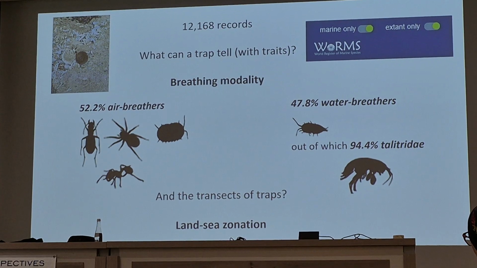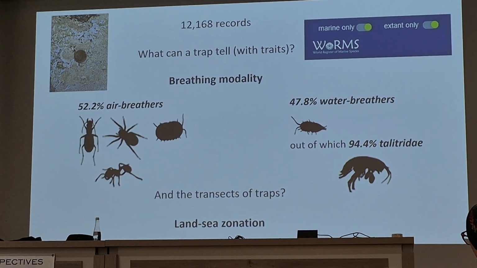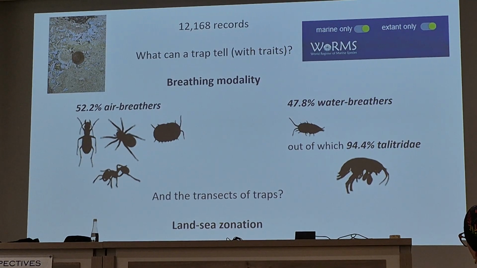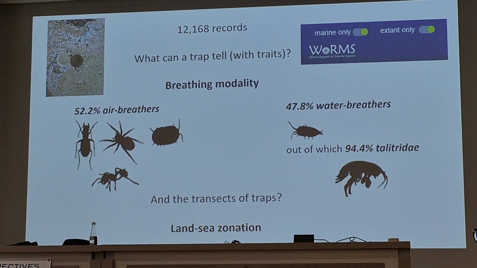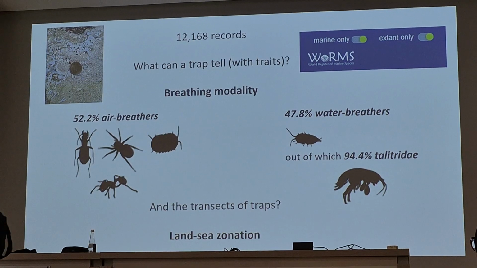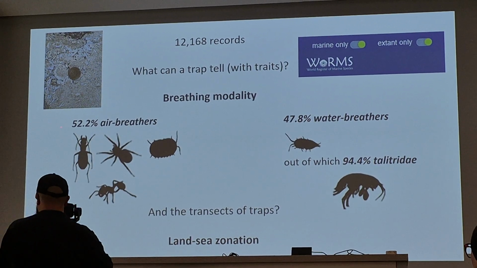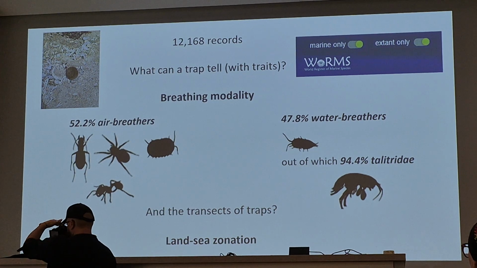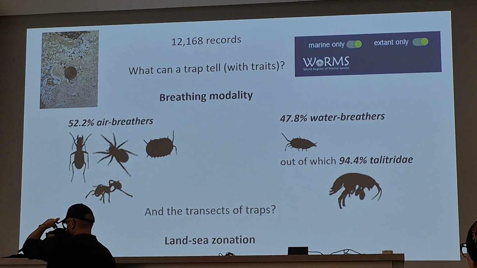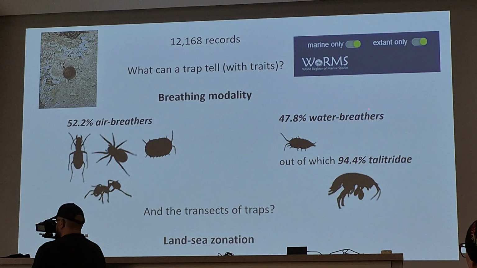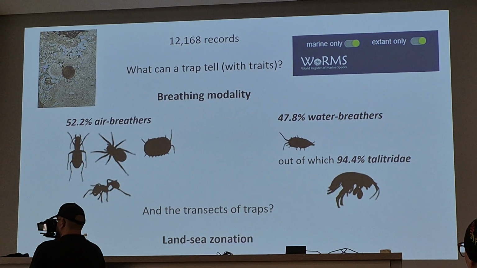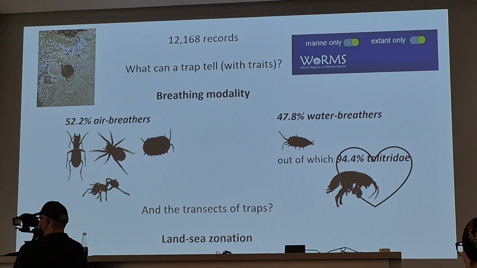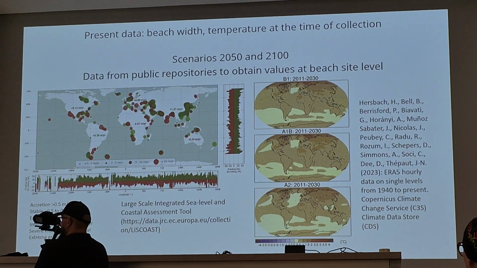We had only the silhouettes because, being hard to find expertise, we didn't have much information about most of the taxa, but we did on talitrids. You can see it's true that half of the organisms are air breathers, half are water breathers, but among the water breathers, the talitrids are the vast majority. That's good, because that's the right colloquium to present this.